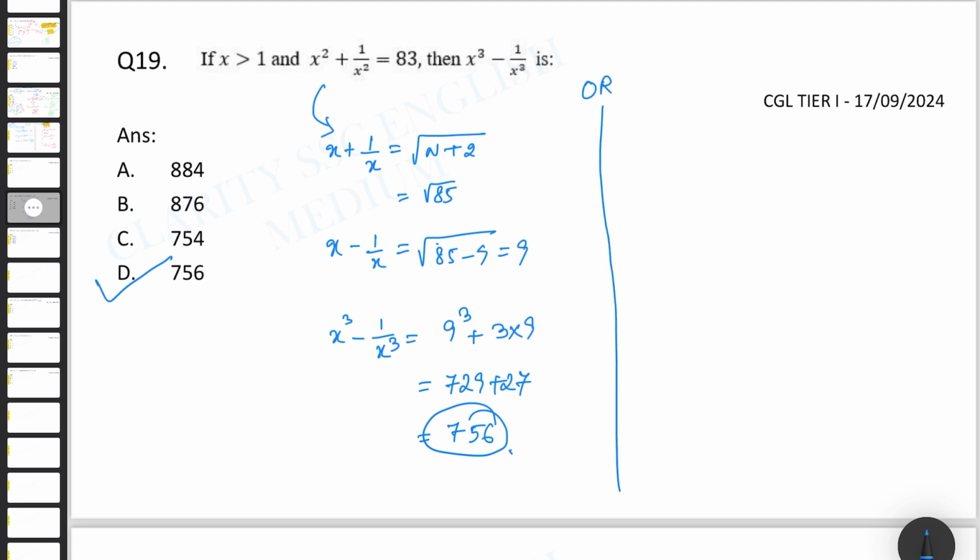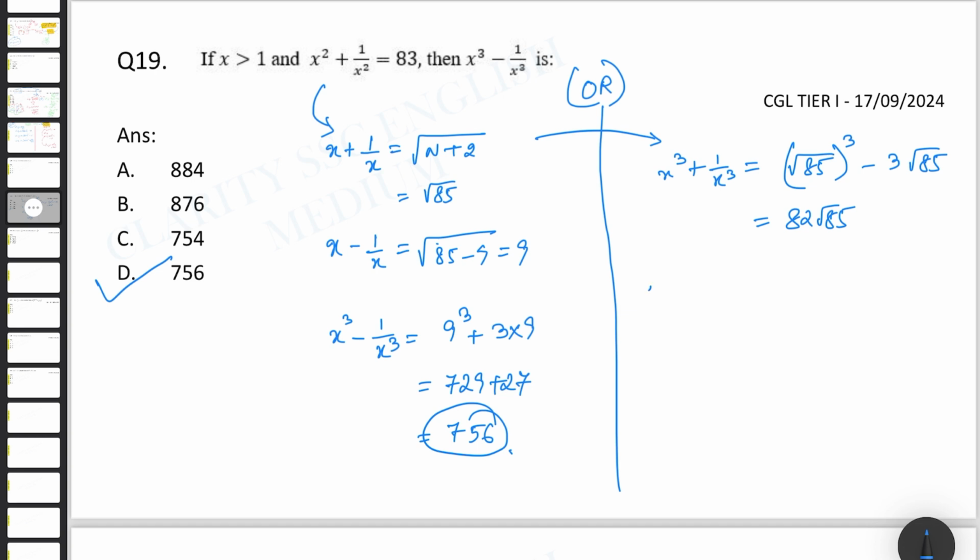Let me tell you how to solve this question in another way. x plus 1 by x is given, so we can find the value of x cubed plus 1 by x cubed. This one is root over 85 whole cube minus 3 root over 85, which is obviously 82 root over 85, since 85 minus 3 is 82.